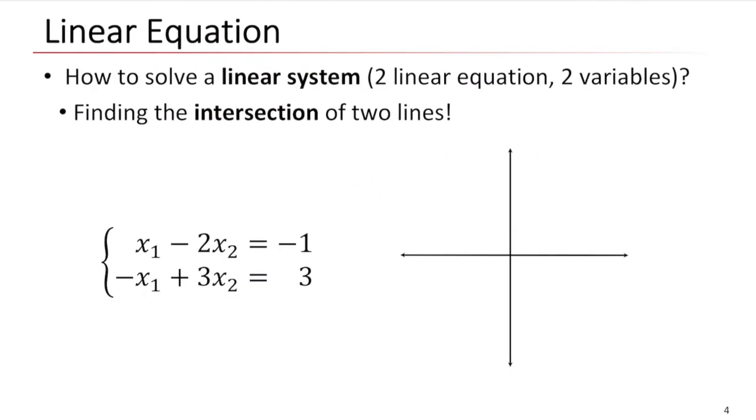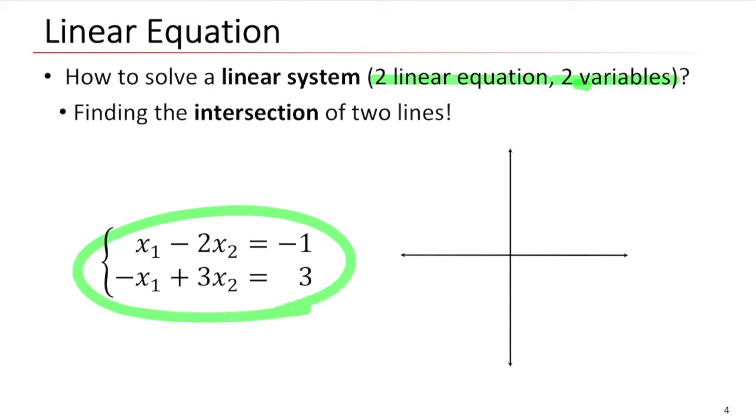So how can I solve this linear equation? For example, we have two linear equations with two variables like this. There is x1 and x2, and with equation 1 and equation 2, two linear equations.